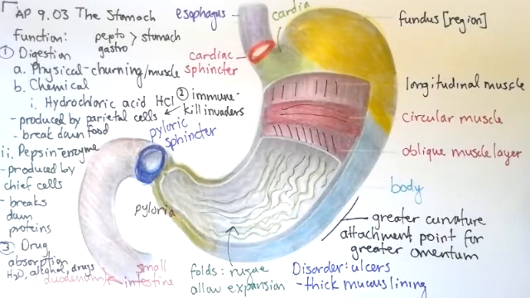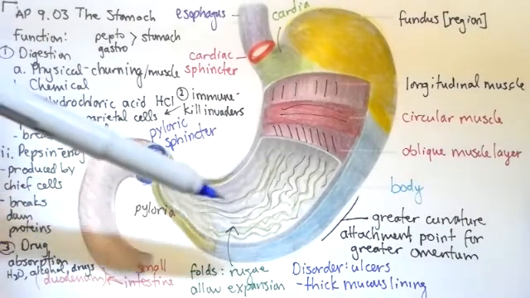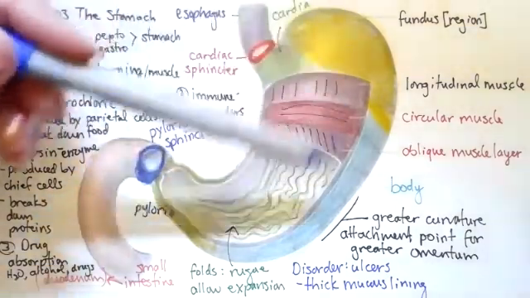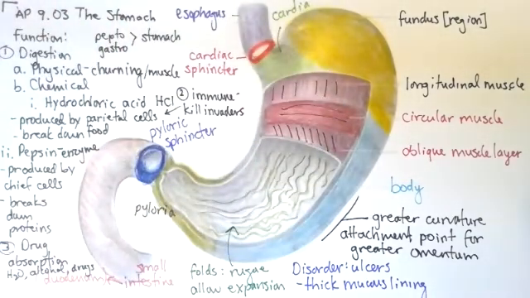How do you keep the hydrochloric acid and the pepsin from digesting your own organ? There has to be something to protect it, and it's this thick mucus lining.